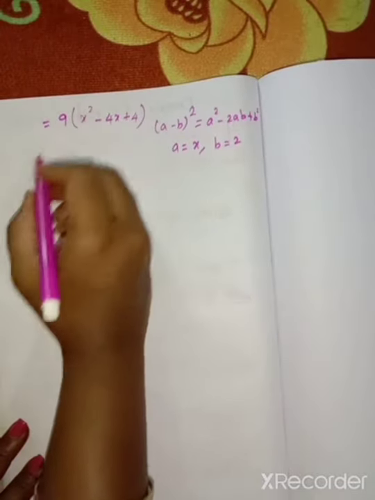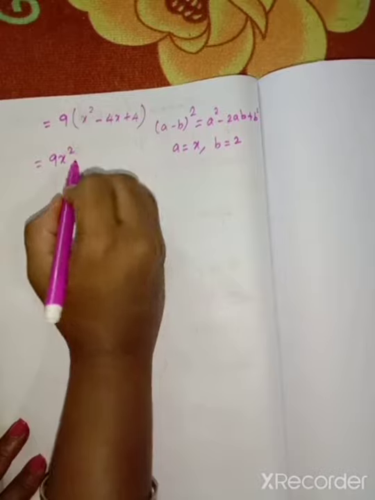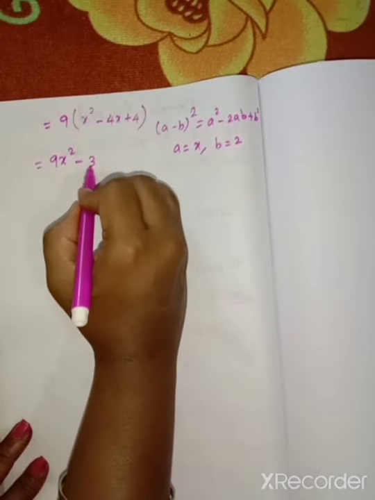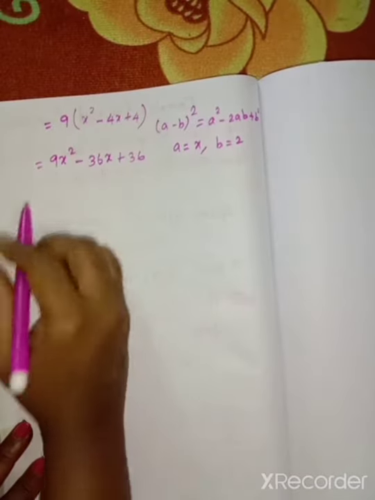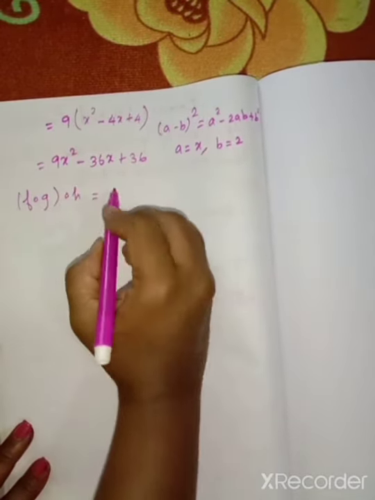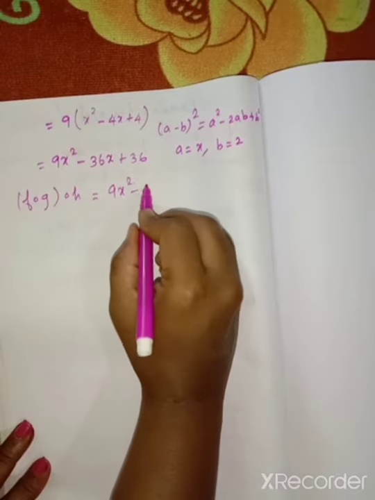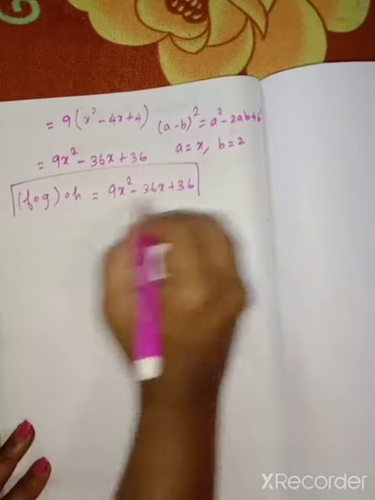Now we multiply the 9 inside. So 9x squared, plus into minus is minus, 9 fours are 36x, plus into plus is plus, 9 fours are 36. So f of g of h equal to 9x squared minus 36x plus 36.